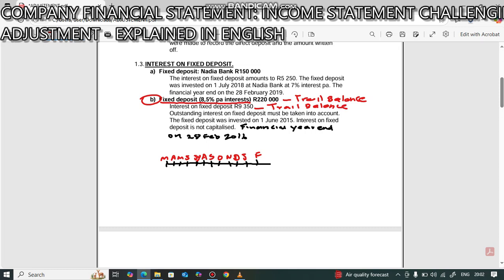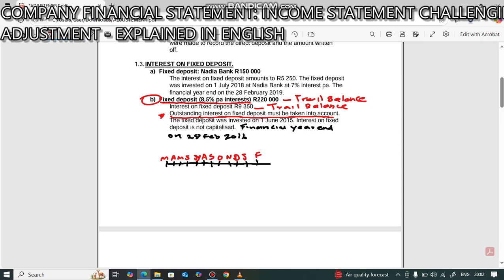Okay, let us read the information that is given to us. They are saying the outstanding interest on fixed deposit must be taken into account, meaning we know that there is an outstanding interest that needs to be added in our income statement, or the interest on fixed deposit that is short, or the accrued income, if you like.